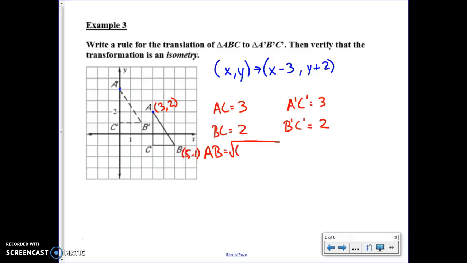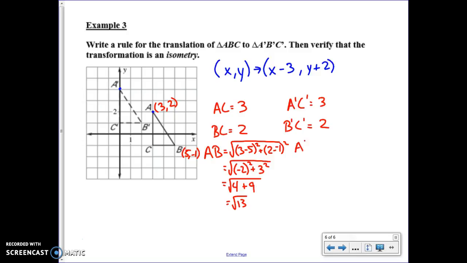So I have 3 minus 5, quantity squared, and then I have 2 minus a negative 1, quantity squared. 3 minus 5 is negative 2, and 2 minus a negative 1 is 3. So negative 2 squared is positive 4, and 3 squared is 9. So I get a length of radical 13. That's okay, we're just comparing.